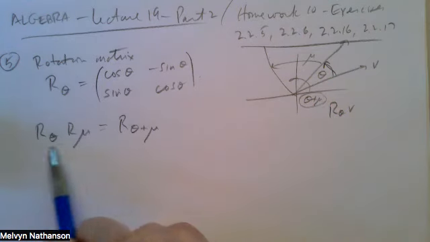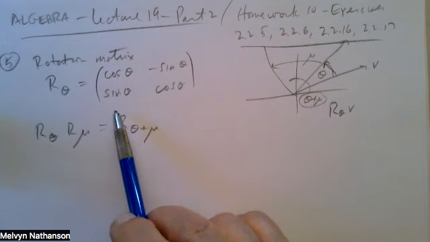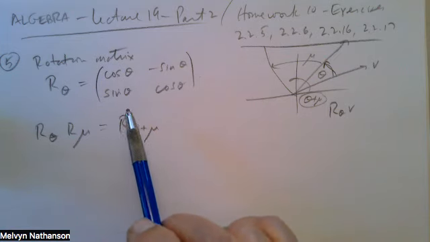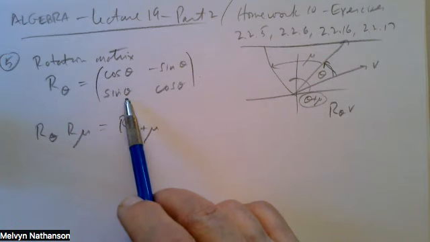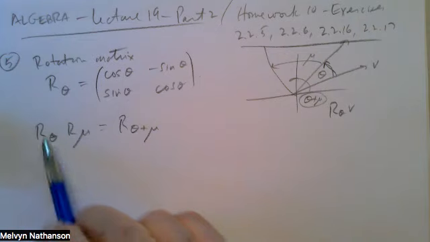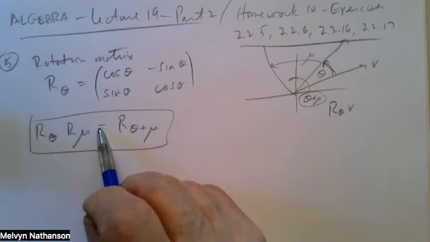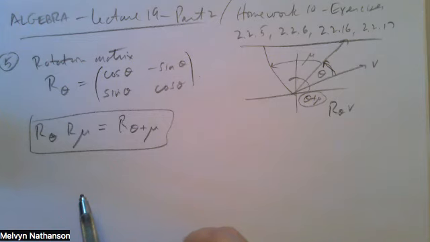You can prove this just by multiplying together the two rotation matrices and using the addition formulas for the sine and the cosine. So the rotation matrices are these matrices for any angle theta, measured always in radians, and it satisfies this very nice property.